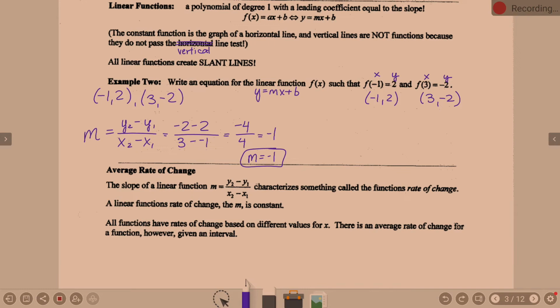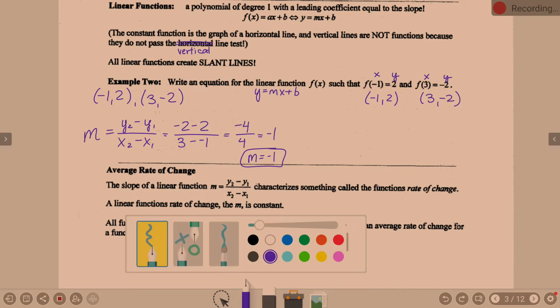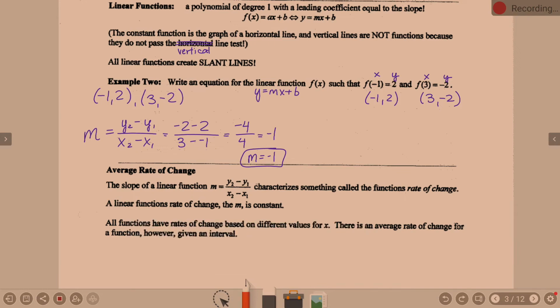Now what? Find the y-intercept. You can use either way. How do we want to find the y-intercept? Take the -1 and the 2 and plug them in. And what equation are you putting these into? The y equals mx plus b. I have 2 routes to take you, and I'm going to go with the direction you guys lead me. Which point did you tell me to use? -1, 2. Officially, it doesn't matter which ordered pair you pick.